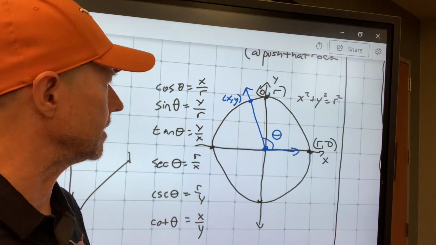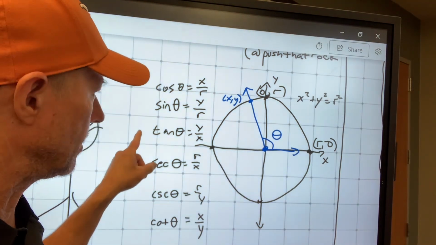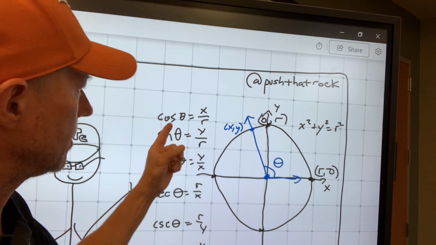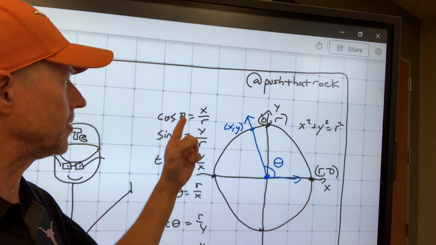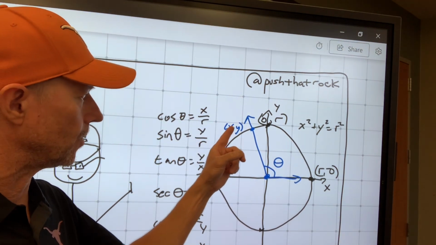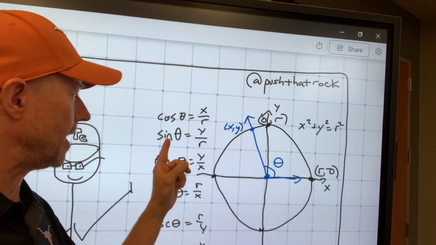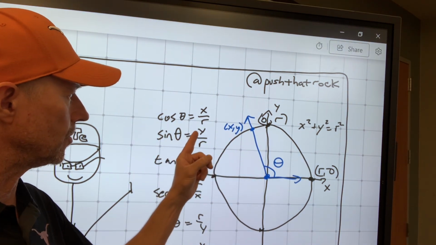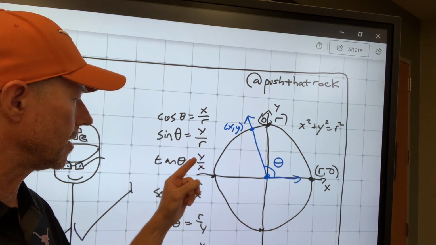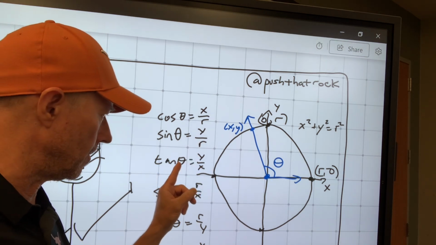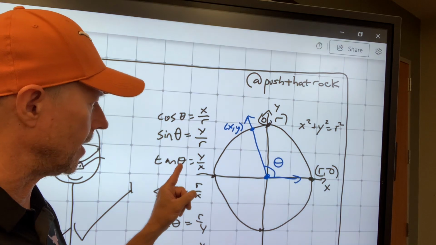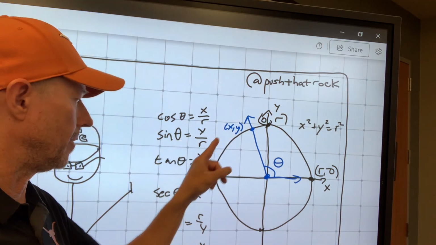angle intersecting it. Then, if you have all that in place, cosine maps the angle to the x coordinate divided by the radius. Sine maps the angle to the y coordinate divided by the radius. Tangent maps the radian or degree measure of the angle to the y coordinate divided by the x.